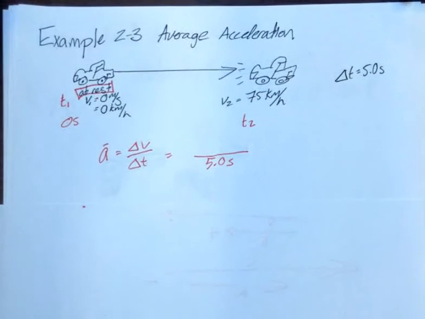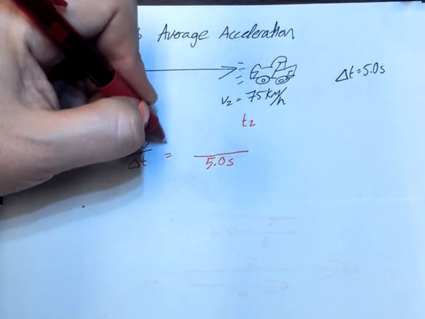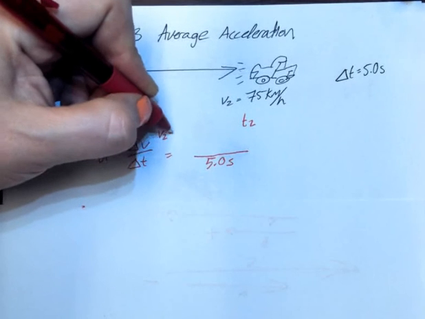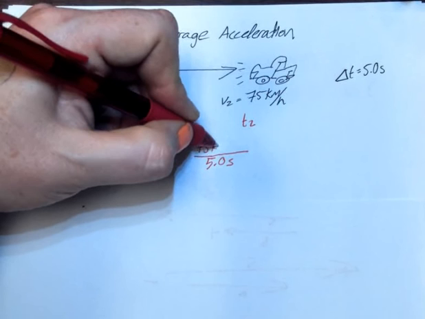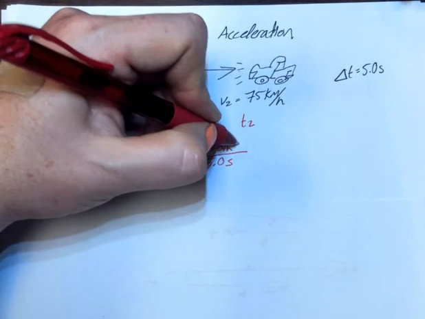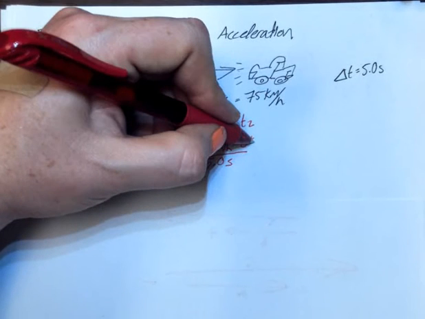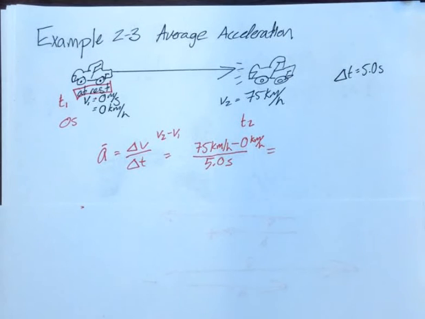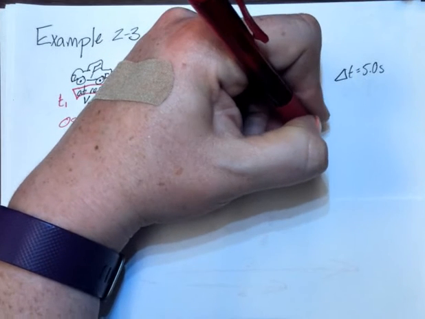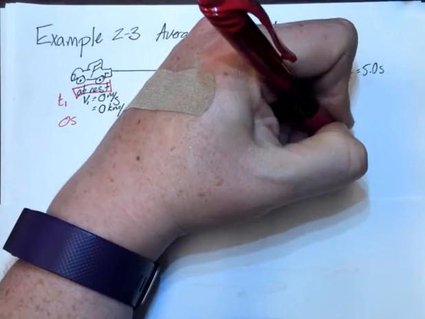And we know that the change in velocity is v2 minus v1. v2 is 75 kilometers per hour. v1 was 0 kilometers per hour. So that's going to give us a value of 75 divided by 5 seconds, or 15 kilometers per hour per second.